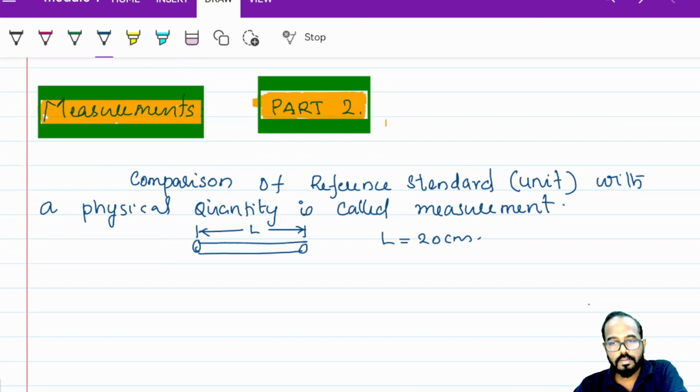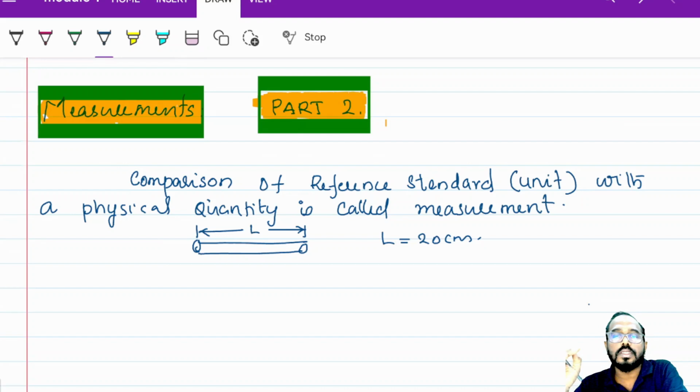Isn't it so? In that measurement, can you say that it is a 100% accurate measurement? No, because error may be there, right? Remember the statement: the true value of a physical quantity is always different from the measured value.